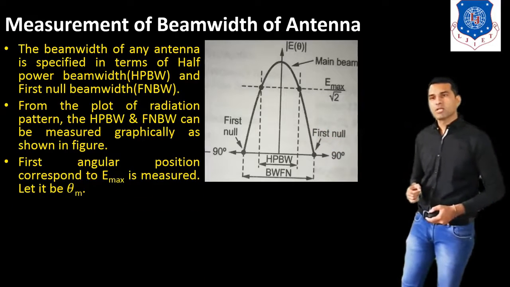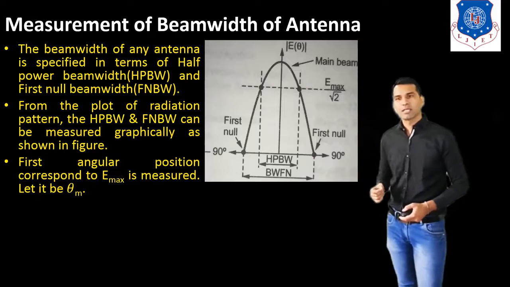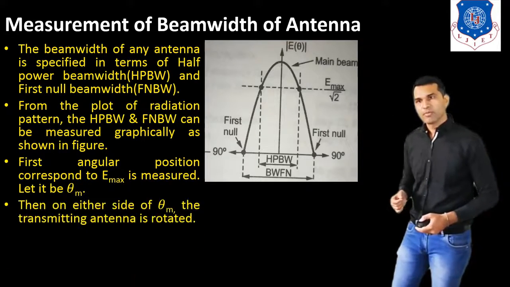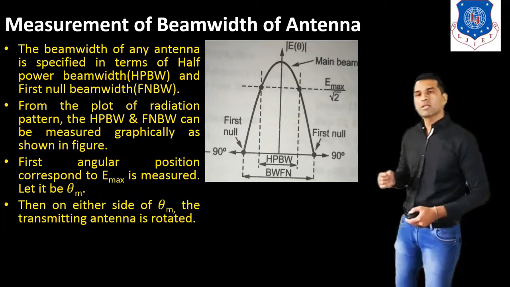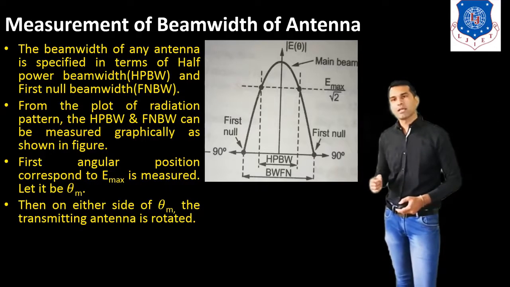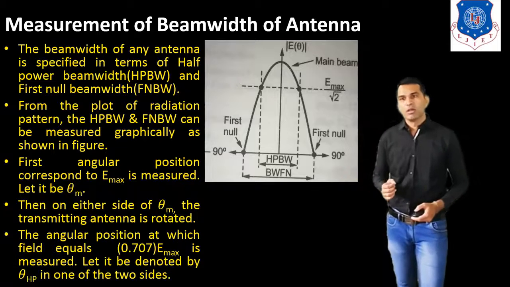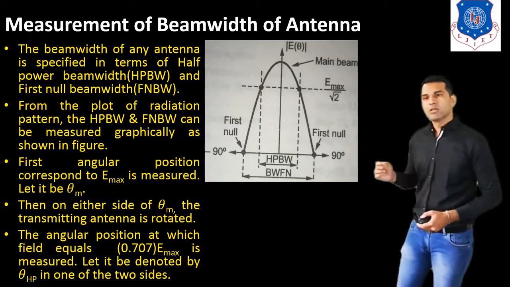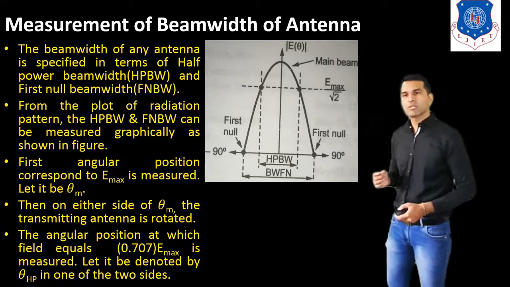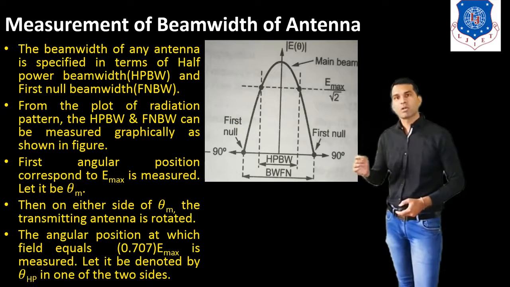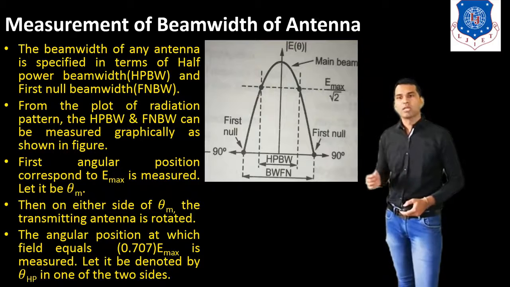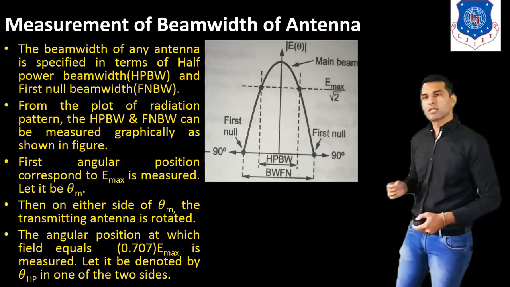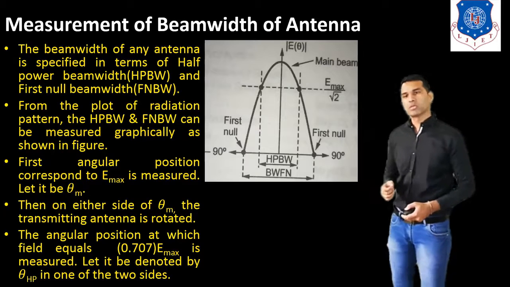First, the angular position corresponding to Emax is measured, let it be theta m. Then on either side of theta m, the transmitting antenna is rotated. The angular position at which the field equals 0.707 Emax, that means 1 upon root 2 times Emax, is measured, and denoted by theta SP on one of the two sides.